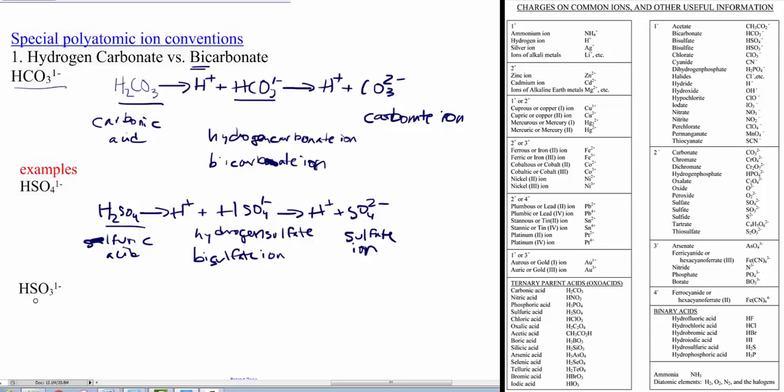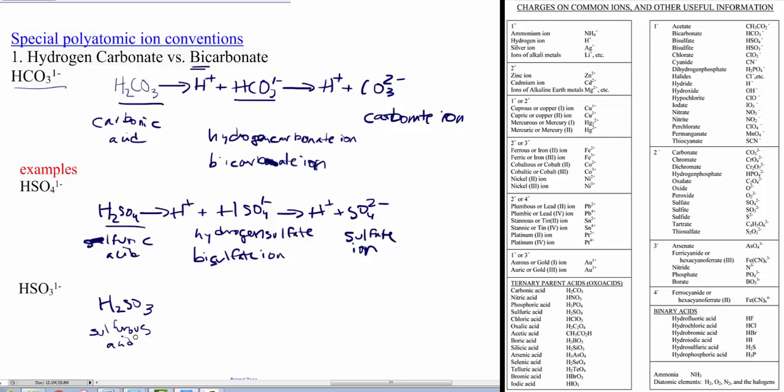And one final look again at another one of these special naming conventions. HSO3 negative would be derived from the ternary acid H2SO3. The parent acid of this family is sulfuric acid, which we just discussed. But we have one fewer oxygen on H2SO3, which would imply that the sulfuric acid would change to the name sulfurous acid for H2SO3.